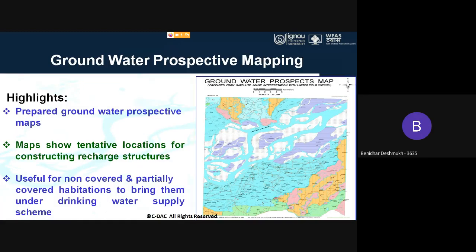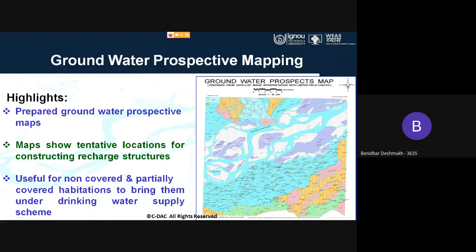Then again, on groundwater prospecting, I showed one example earlier. This is another image of another area, shared by Dr. Shivakumar and me. In that project, groundwater prospecting maps were prepared, and it was also suggested in which areas artificial recharge structures can be constructed.